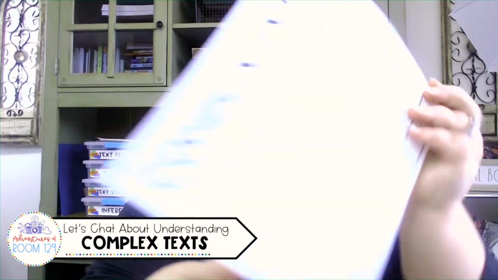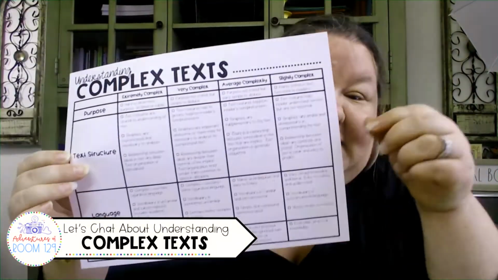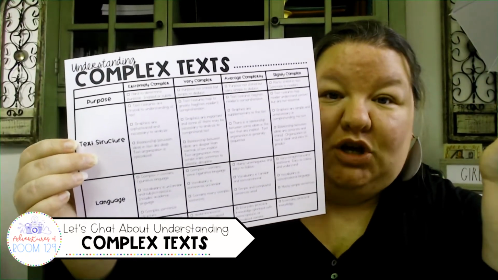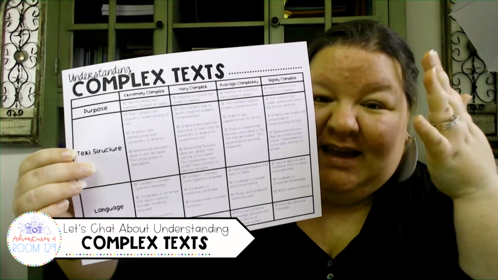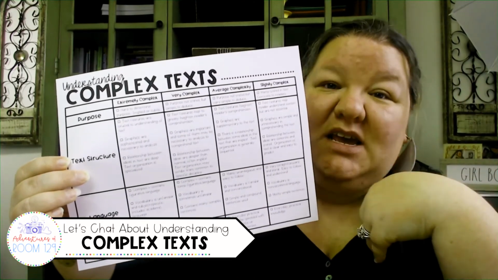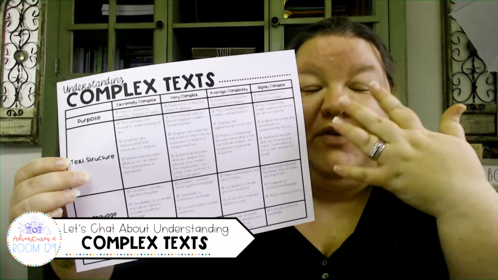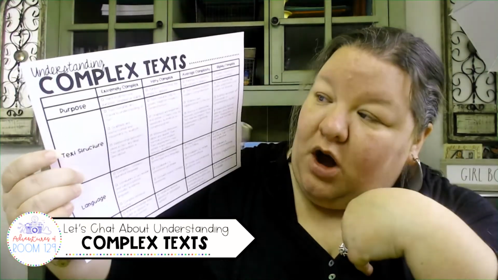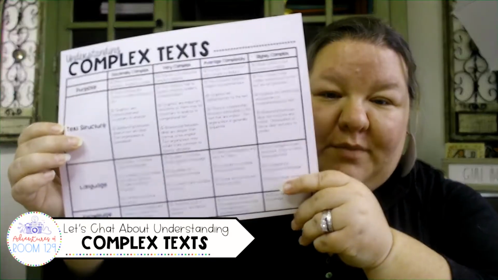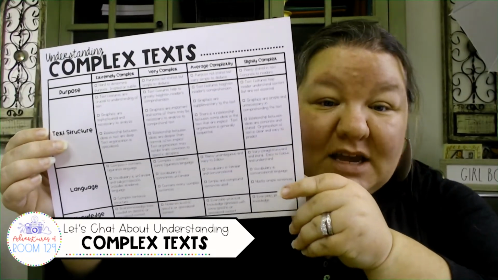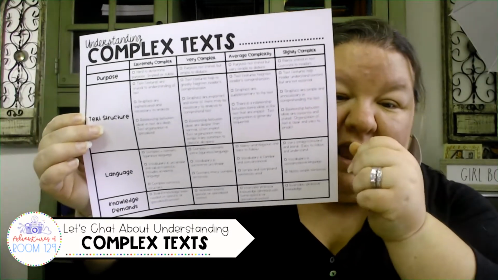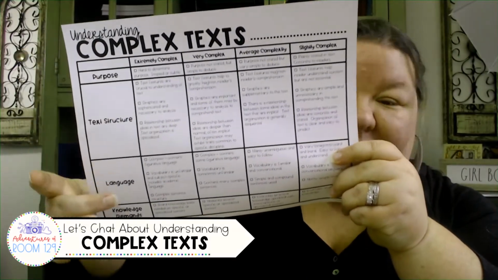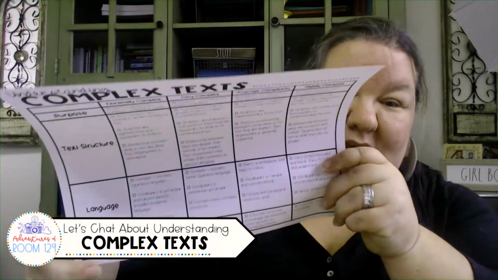And I've created for you, and this is your freebie tonight, a rubric for you to be able to go through and look at a text and use this as a checklist to understand what degree of complexity the text has. So on here, you're going to see that we go from slightly complex to extremely complex. And there are some different areas in which we evaluate, and we're going to come back to these.